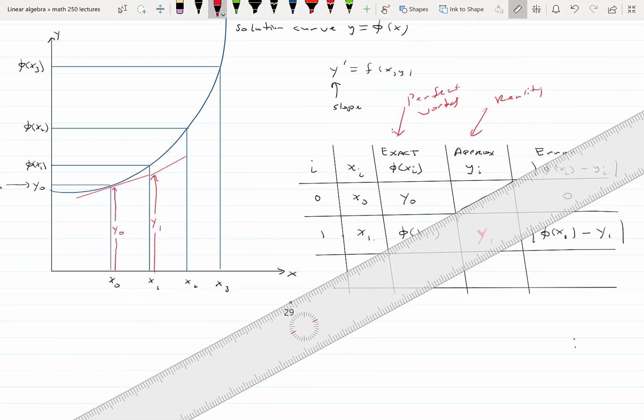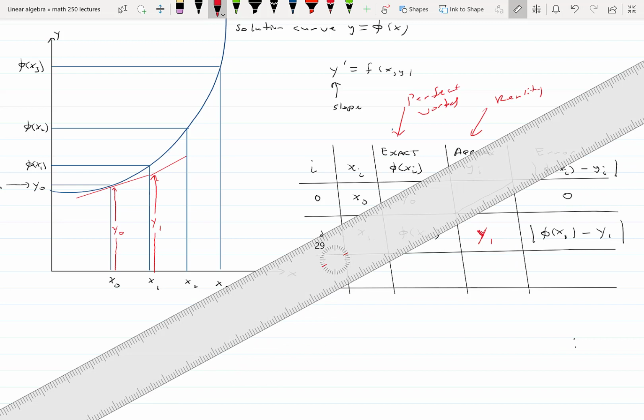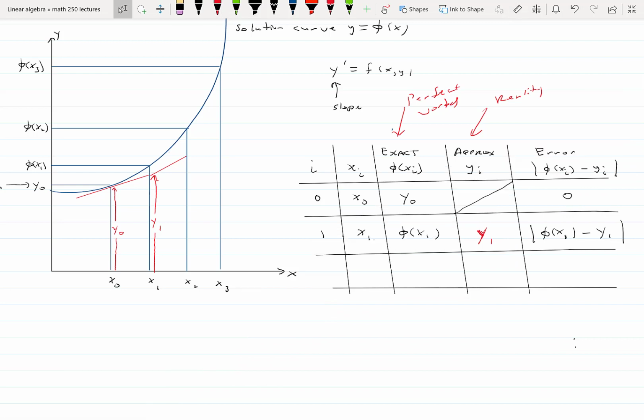Okay. That line is not a tangent line to the curve, but it's using a formula for the slope at the estimated point x1, y1. So it's a pretty tall order for that to be accurate.